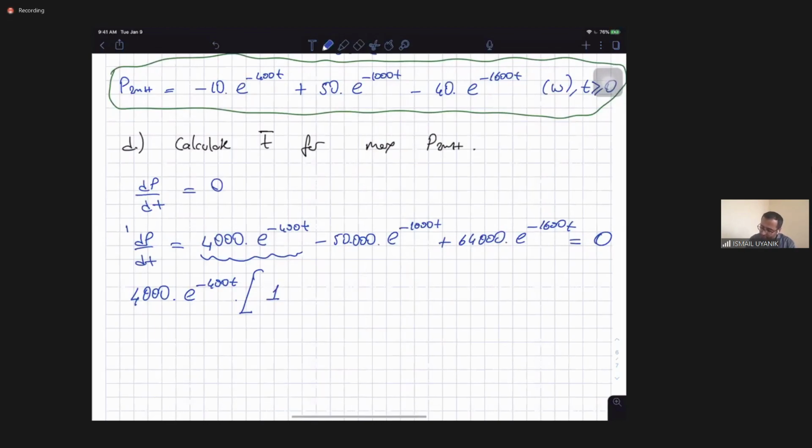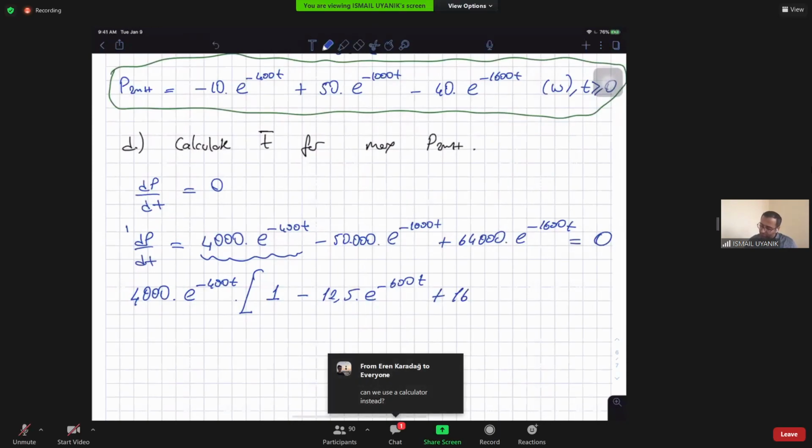So for this one, if you divide 50,000 with 4,000, you will be having 12.5, I think, right? And then if I subtract minus 400 here, so that will be just minus 600. And then for this one, if you divide this with 4,000, you should be having 16, right? We agree with this? Please double check these calculations. This should be now 1200.